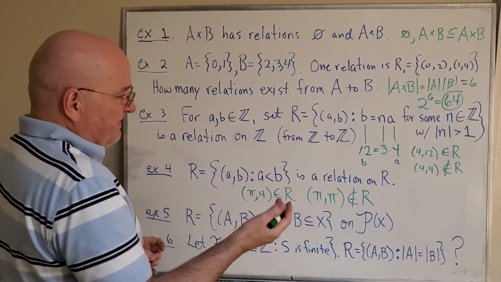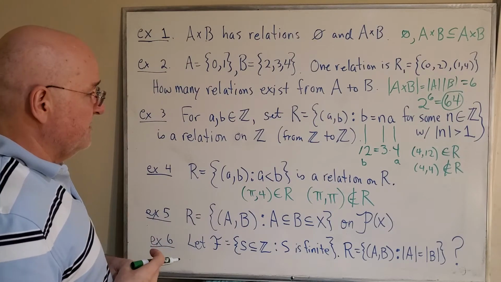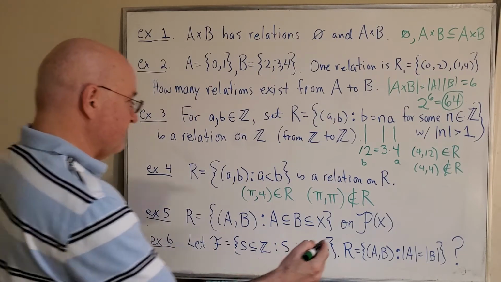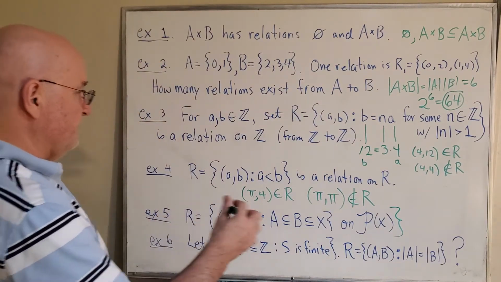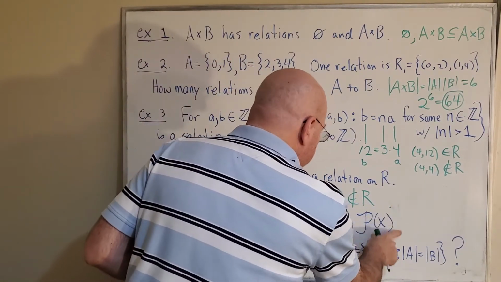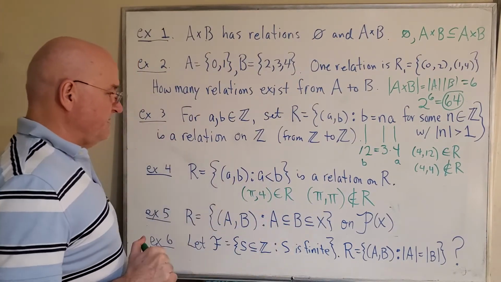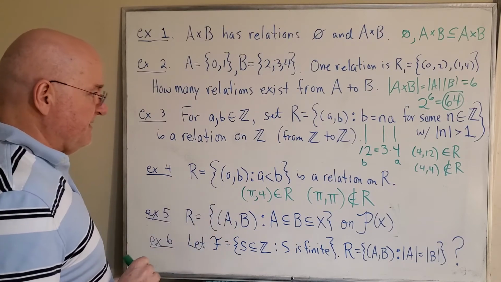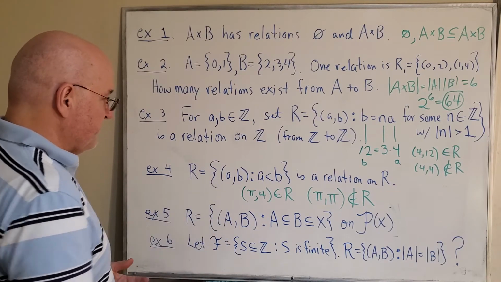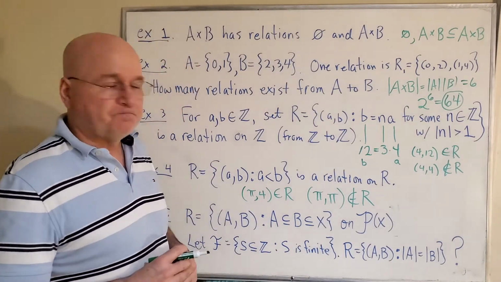Depending on what the set X happens to be, I'm not going to do any examples because I didn't define it. I guess I need to, oh no, I already have that right here. So this is a relation on the power set of X. A and B are both in the power set because they're subsets of X. Let's say X were the numbers from 1 to 10.